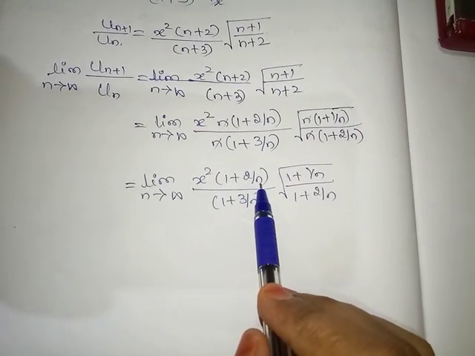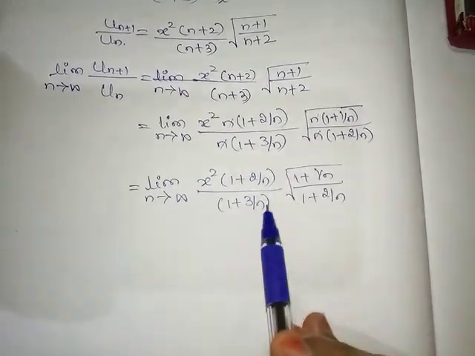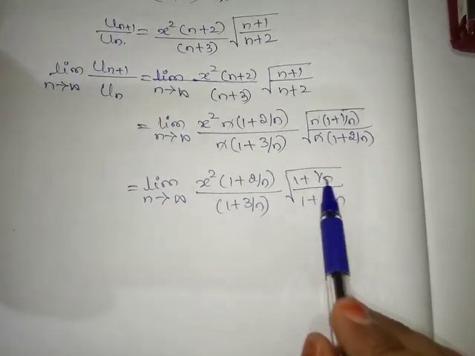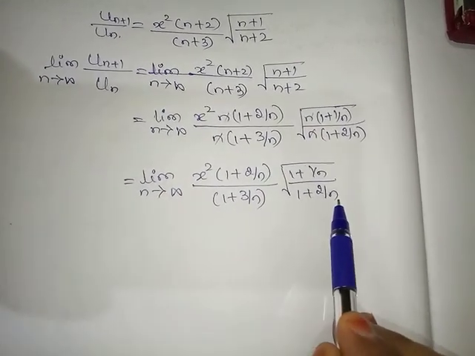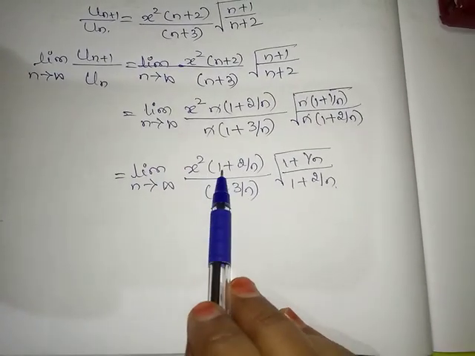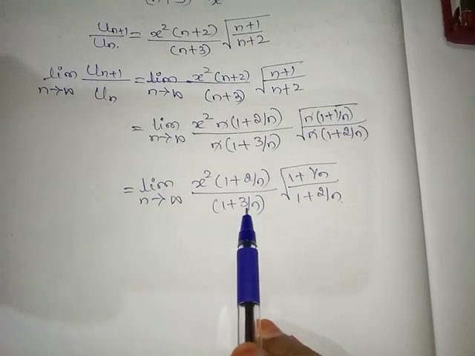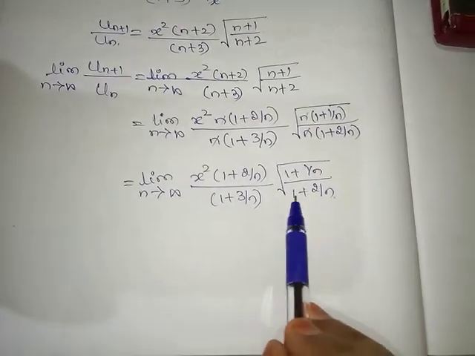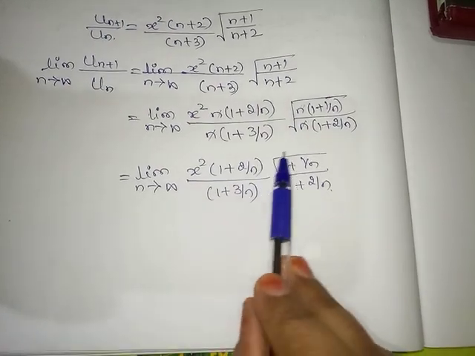2 by infinity is 0, 3 by infinity is 0, 1 by infinity is 0, 2 by infinity is 0. So that we get x square into 1 plus 0, 1 plus 0, 1 plus 0, 1 plus 0. 1 by 1, square root of 1 is 1.